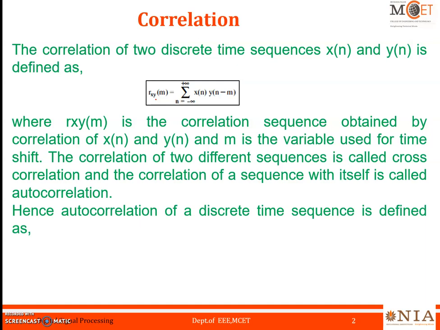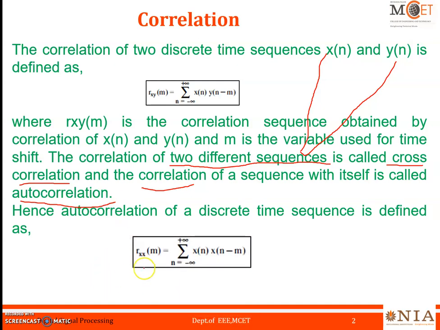If the correlation is performed between two different sequences x of n and y of n, then it is called cross correlation. And if the correlation is performed on the same sequence, then it is called autocorrelation.